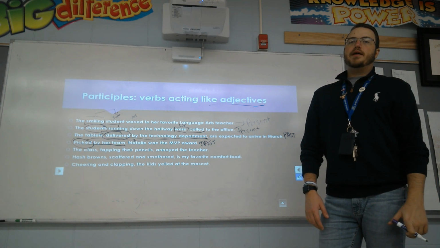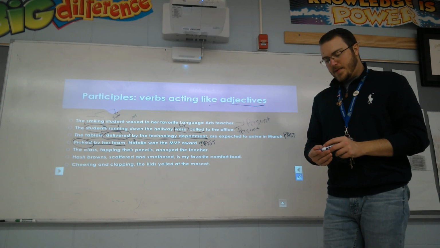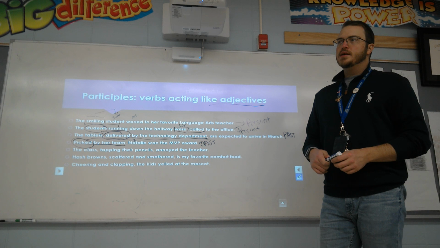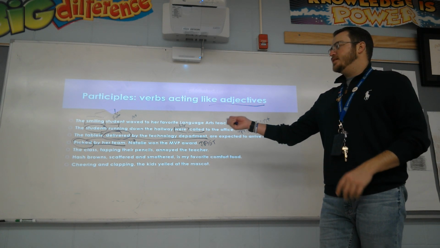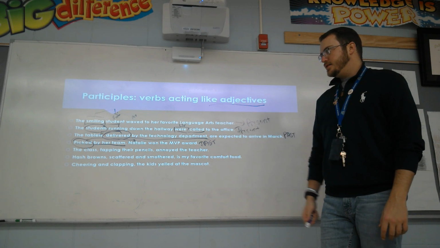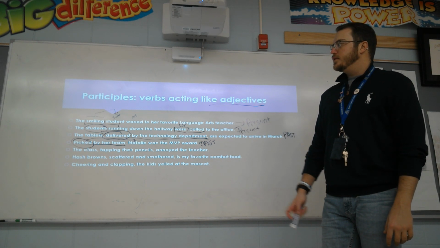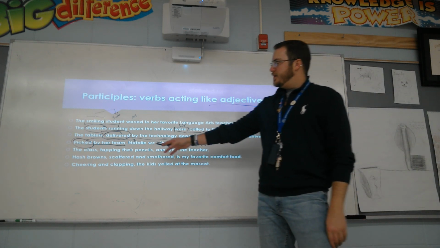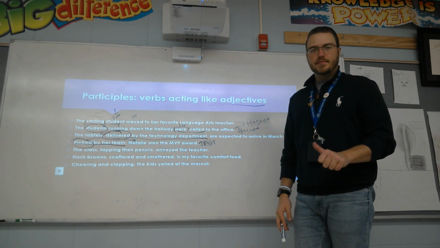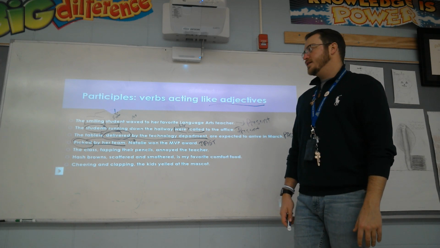You're going to see participles more in phrases, which is why we talked about dangling and misplaced modifiers last year in 7th grade. We want to make sure we put our modifiers in the right place. So in this case, picked by her team is extra information right next to the noun it's modifying. Perfect. It's an adjective, we're set to go.